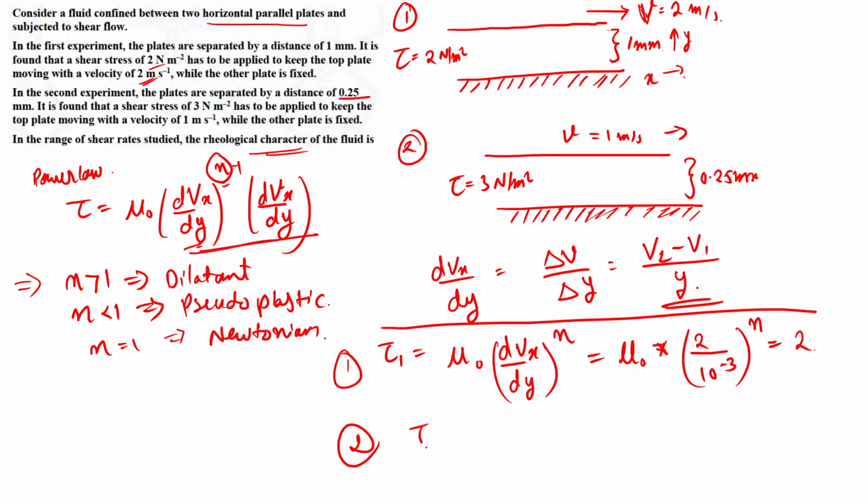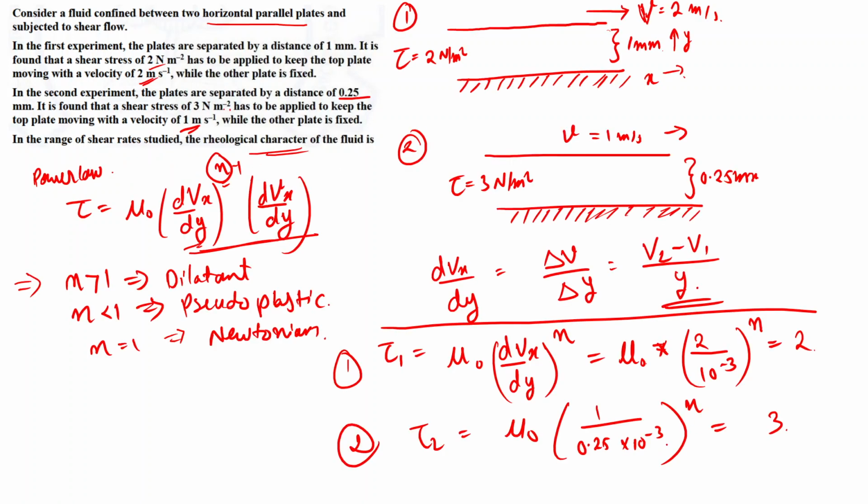Similarly, for case 2, we can write this as mu naught, the velocity is 1 meter per second, and now the distance becomes 0.25 mm, that is 0.25 into 10 raised to minus 3, raised to n, is equal to the shear stress of 3 Newton per meter square. Now we can take the ratio of 1 and 2.